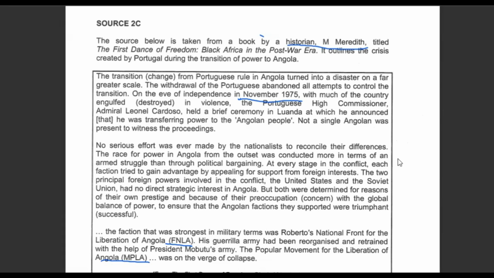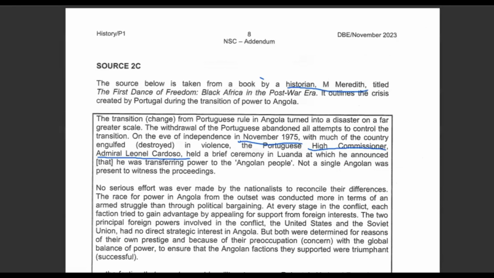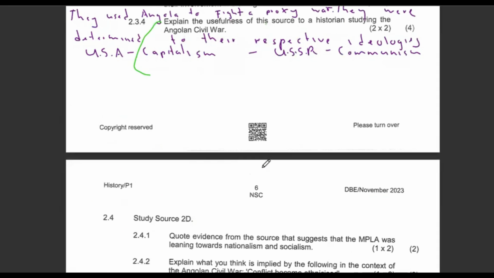We are going to underline that as well. Then it also mentions names of participants during the time when Angola got independence from Portugal. So all that is useful. So going back to our question, now we need to answer the question.